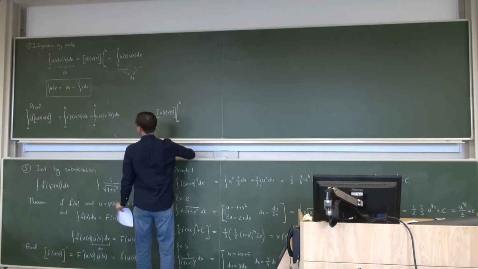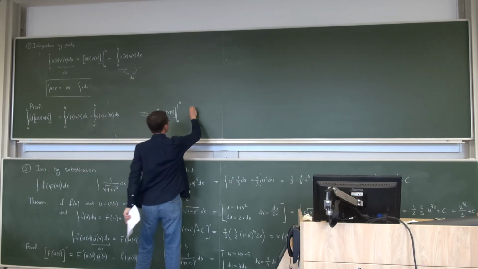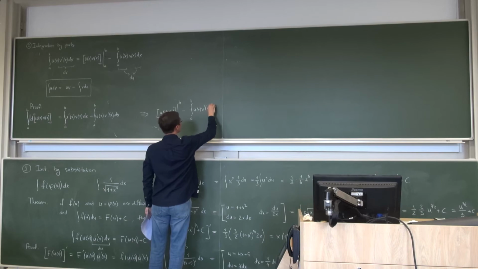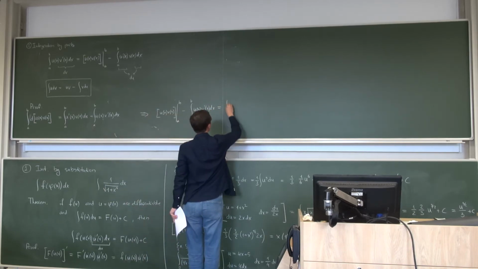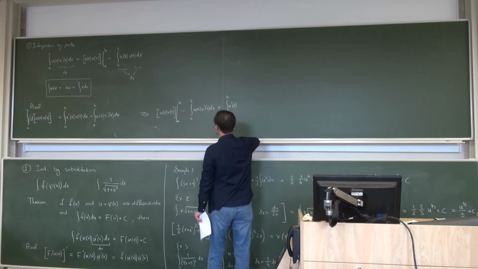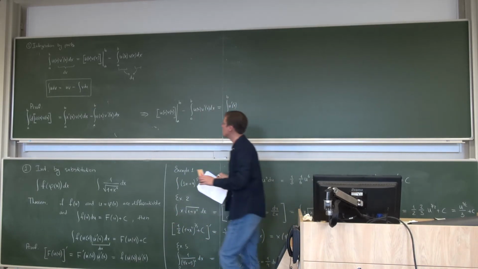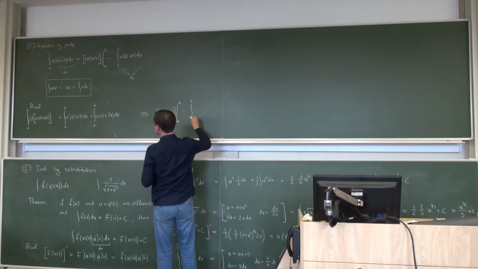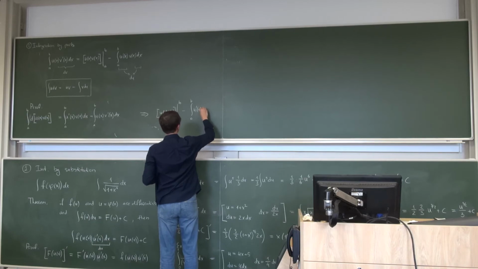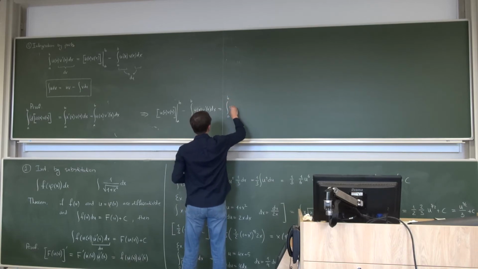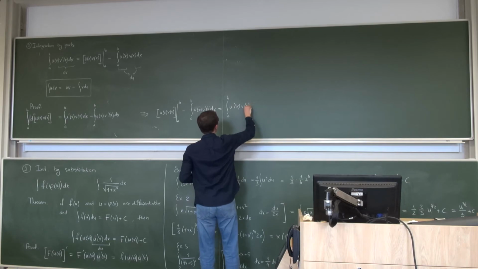So I will move that over there: minus the integral from a to b of u(x) v'(x) dx has to be equal to whatever's left, the integral from a to b of u'(x) v(x) dx.